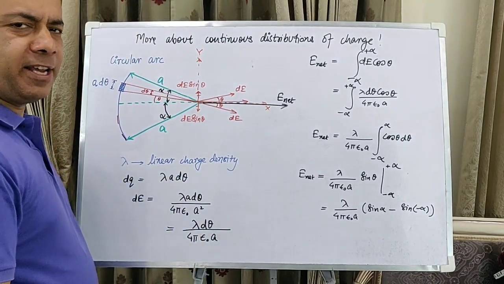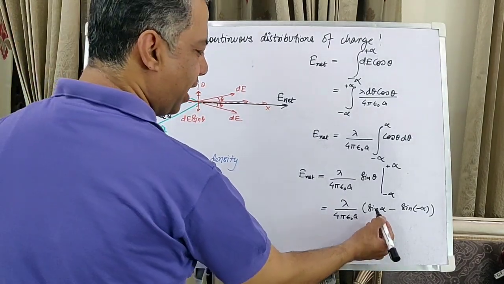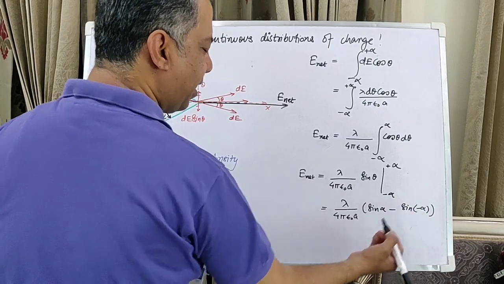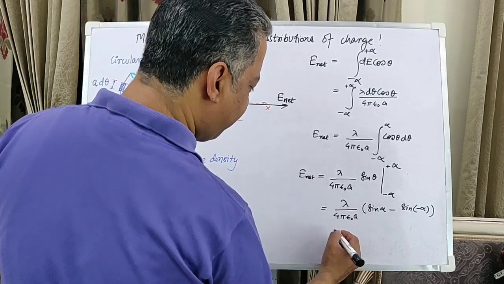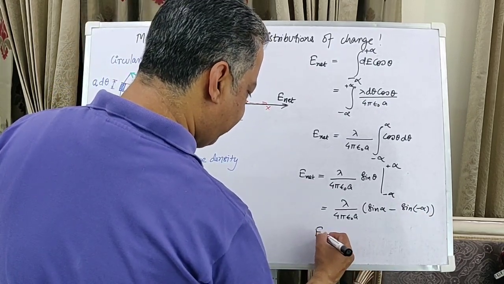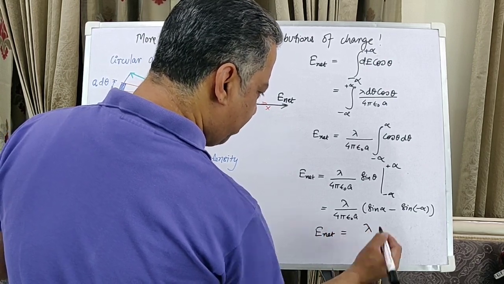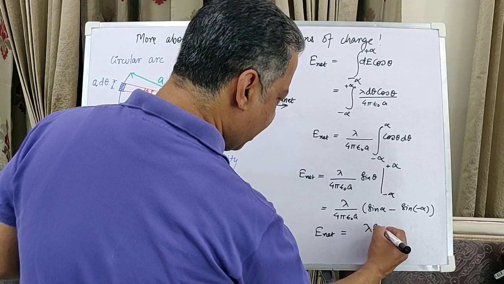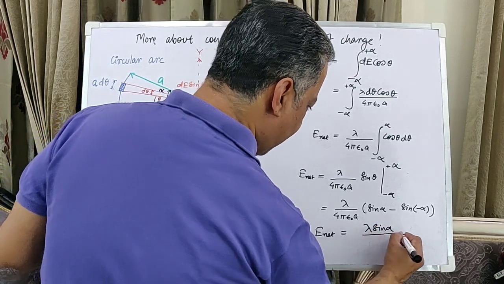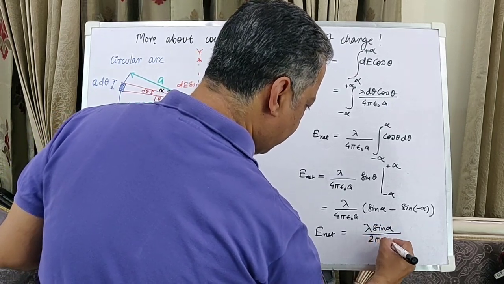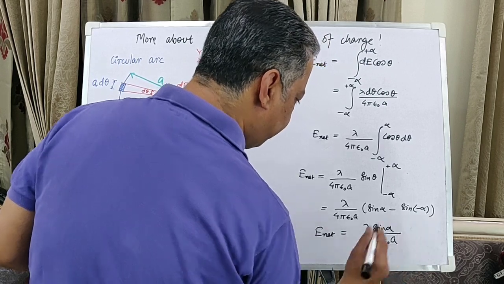Now sine minus alpha is minus sine alpha, and so sine alpha minus sine minus alpha becomes 2 sine alpha, and so the net field comes out to be lambda sine alpha by 2 pi epsilon naught a.